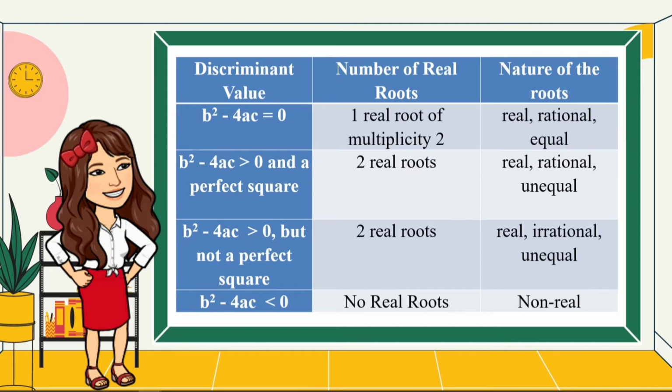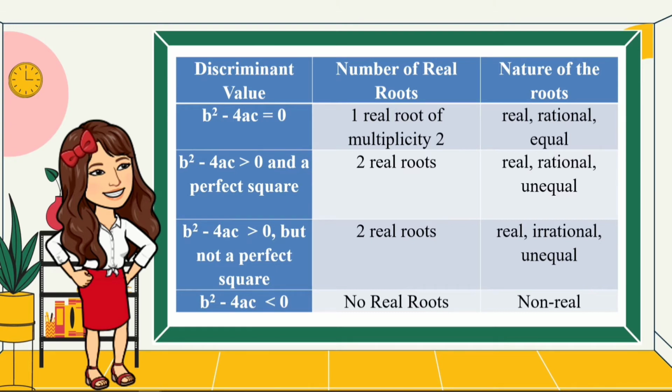If the discriminant value is equal to 0, there will be one real root of multiplicity 2, and the nature of the roots will be real, rational, and equal. And if the discriminant value is greater than 0 and a perfect square, there will be two real roots. The nature of the roots will be real, rational, and unequal.